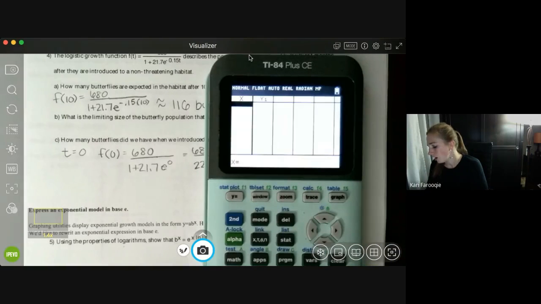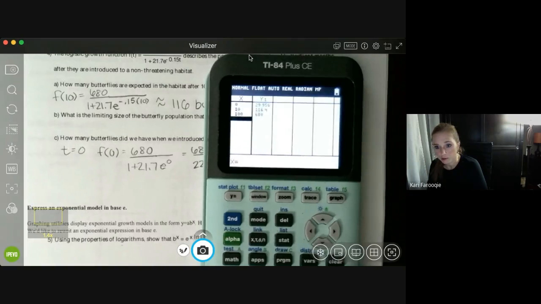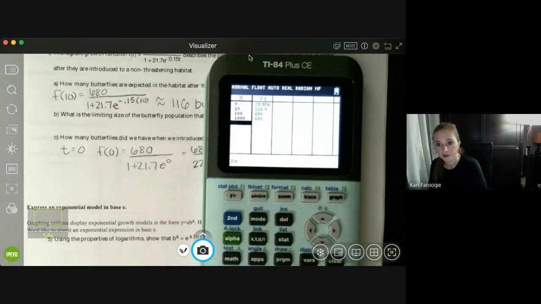Now, look what happens if we talk about 0 and 10. Those are the numbers that we found when we evaluated f of 0 and f of 10. We found 30 butterflies and 116 butterflies. Well, what happens as these values continually get larger? Like, what if we looked at this after 100 months? 680 butterflies. What about 1,000 months? 680 butterflies. 10,000 months.